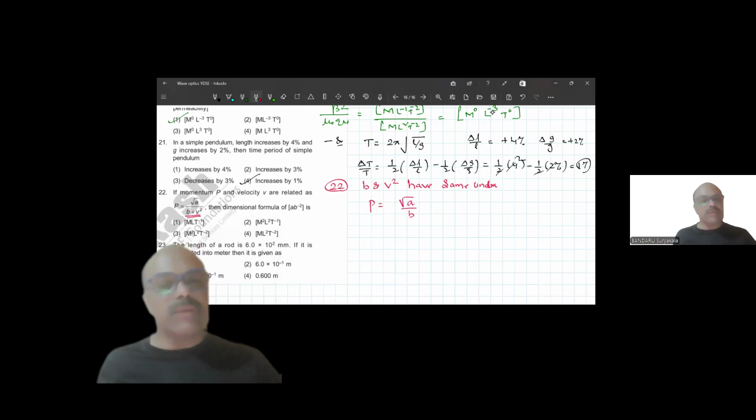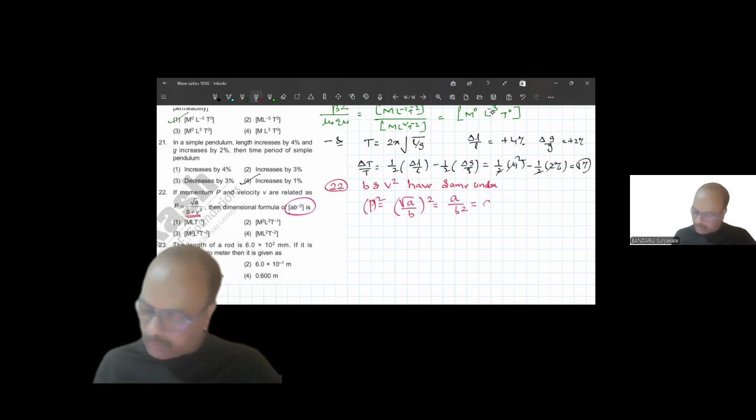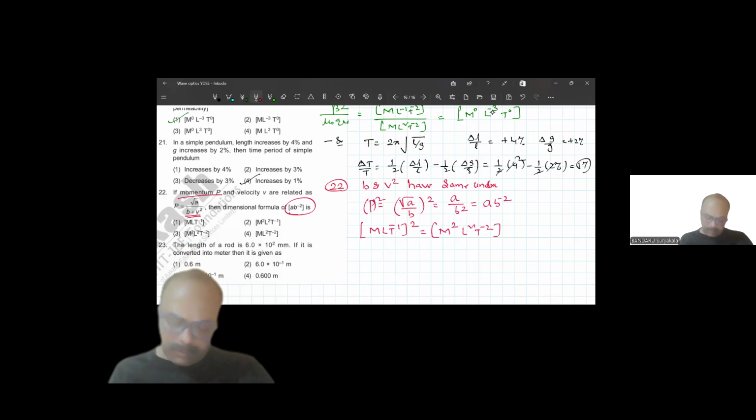Now squaring on both sides. So it becomes A by B square, because in the problem they ask A B power minus 2. This P is given as momentum. Momentum dimension formula is M L T power minus 1 whole square. It becomes M square L square T power minus 2. Option 3 is the correct answer. Next, 6 into 10 power minus 1.